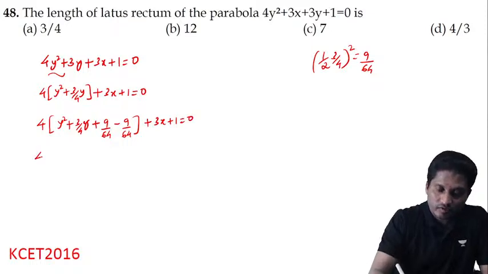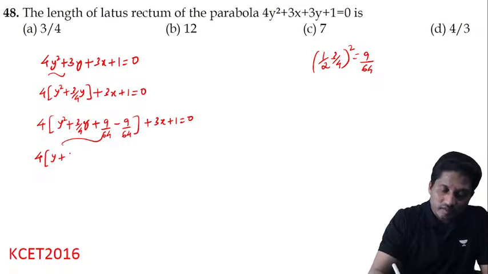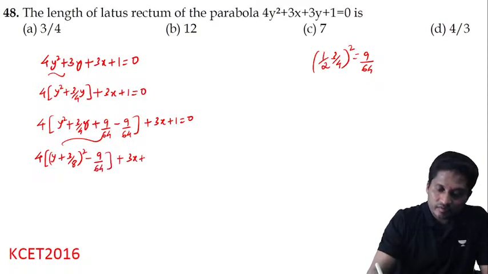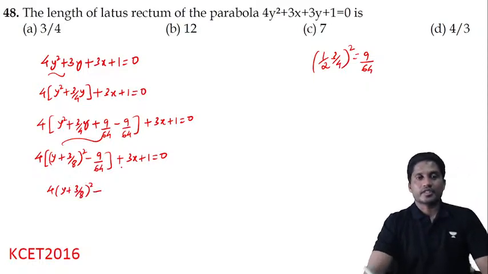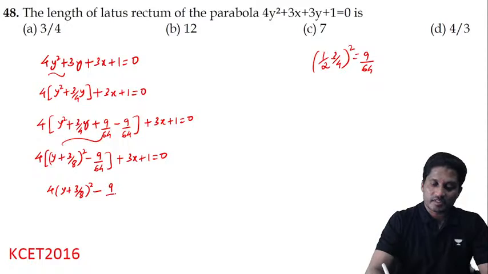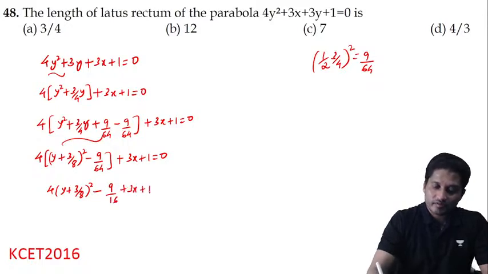So this is 4 times y plus 3 by 8 the whole square, minus 9 by 64, plus 3x plus 1 equal to 0. Multiplying, you get 4 into y plus 3 by 8 the whole square. Minus 4 will cancel with 64, giving 16, so 9 by 16 plus 3x plus 1 equal to 0.